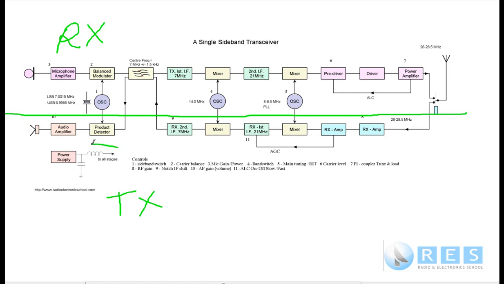We show a power supply connecting to all stages. Let's have a look at what we've learned so far about single sideband transmission. The layout of this diagram is a little bit different than what we did, but it's the same thing.